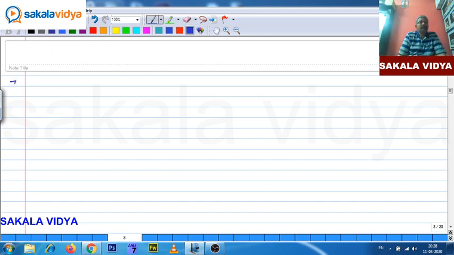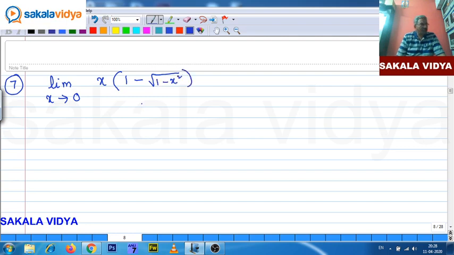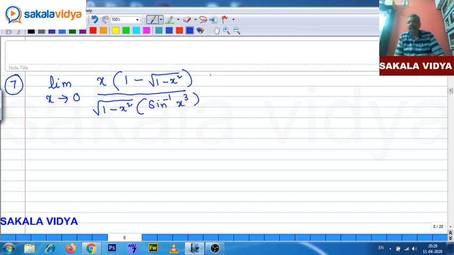Okay. Seventh question: limit x tends to 0, x into 1 minus root of 1 minus x square, upon root of 1 minus x square of sin inverse x cube equals to.